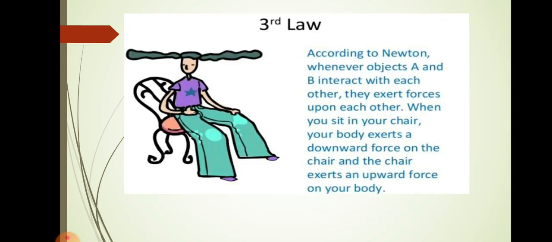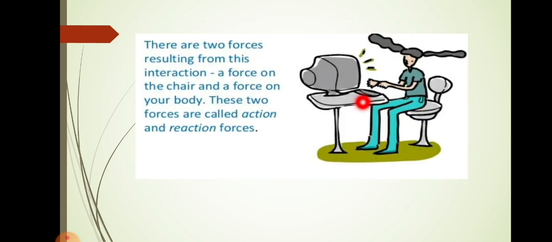So according to Newton, whenever objects A and B interact with each other, they exert force upon each other. When you sit in your chair, your body exerts a downward force on the chair and the chair exerts an upward force on your body. There are two forces resulting from this interaction, a force on the chair and a force on your body.